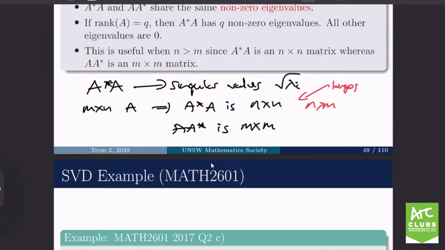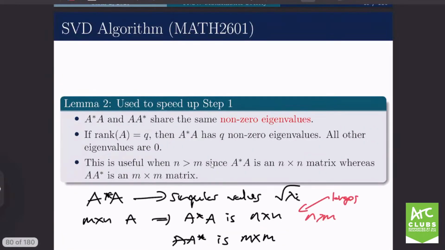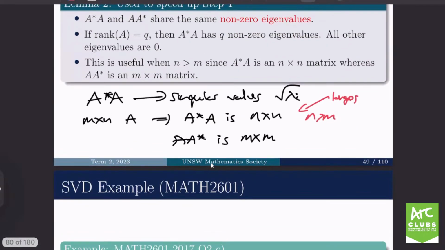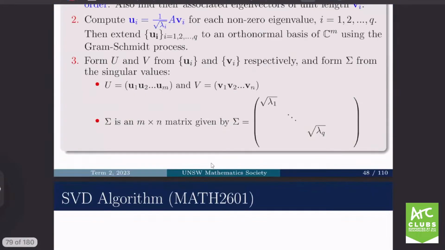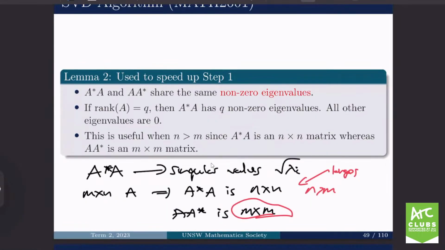By the theorems that we've seen, they share the same non-zero eigenvalues anyway. So if m is smaller, it's quicker to do it this way, because we'll spend less time on a smaller matrix, right? So let's look at the example, and it'll make it clearer what's going on.